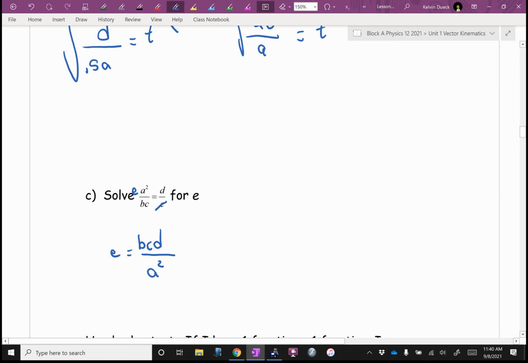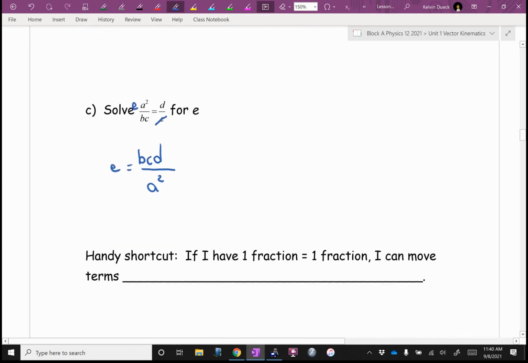In fact, if you really want a handy hint, and we'll use it quite often this year, if you have one fraction equals one fraction, like that, you can move terms diagonally.